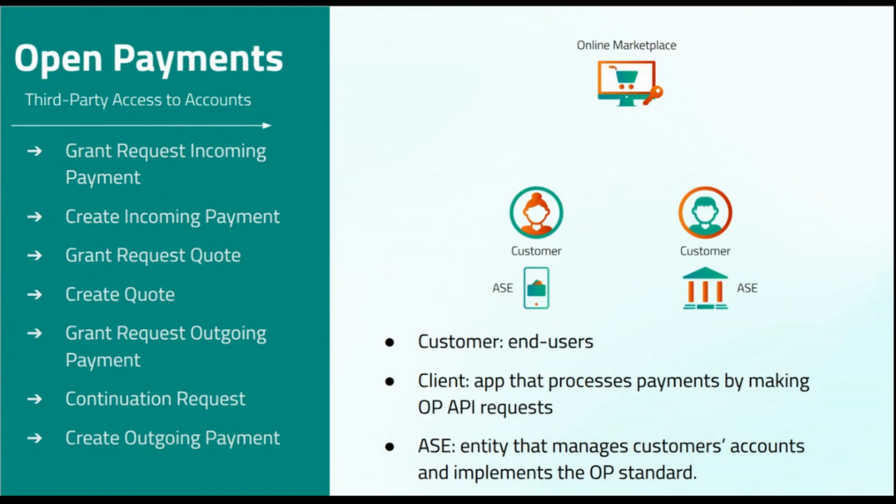So we've got our customers who are end users, Alice and Bob. We've got the online client application, so that's going to be our music marketplace. And then we've got our account servicing entities or account providers. So Alice has a digital wallet and Bob has his Super Awesome Bank.